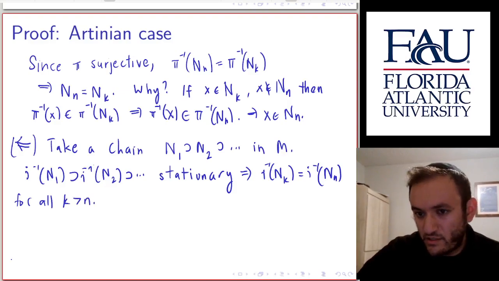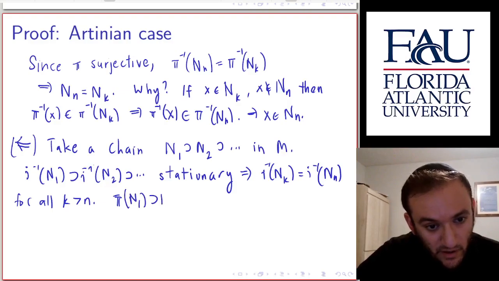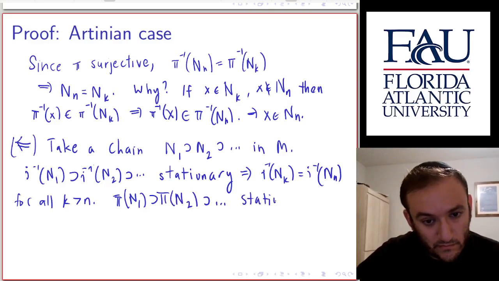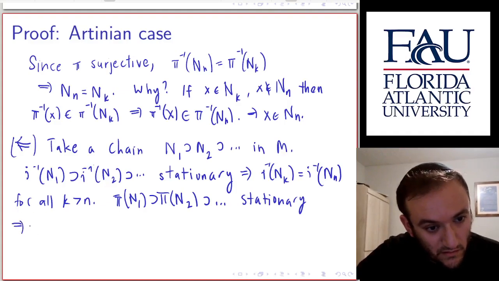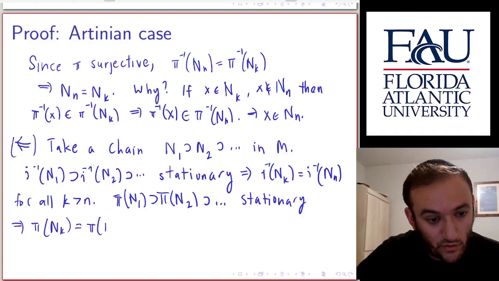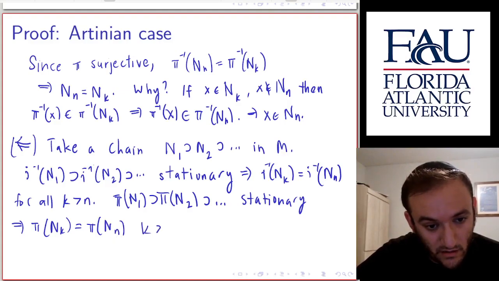Okay, and how about the image of the chain? pi of n1 contains pi of n2, etc., is also stationary, which means that pi of n_k is equal to pi of n_n for sufficiently large k, for k greater than n.